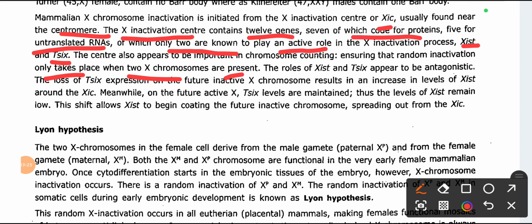The roles of XIST and TSIX appear to be antagonistic.